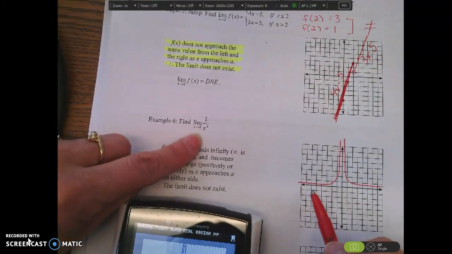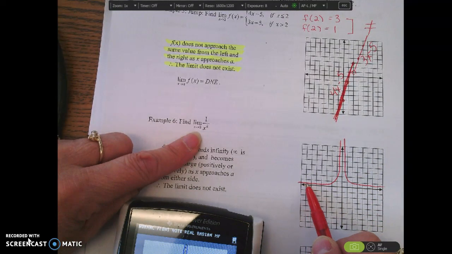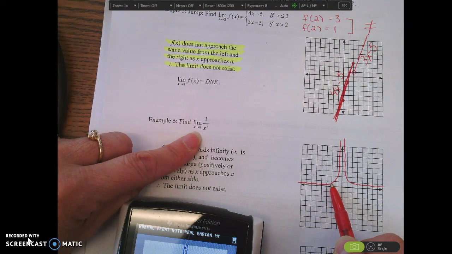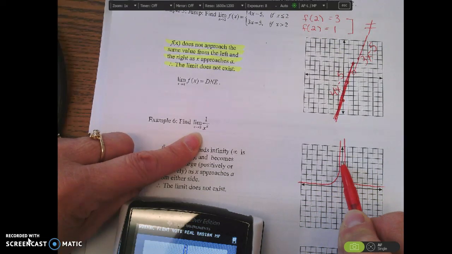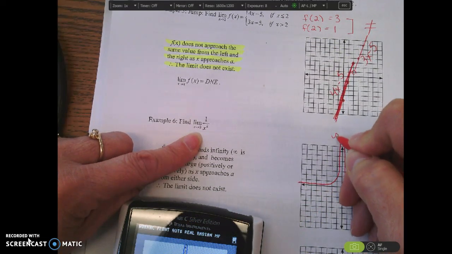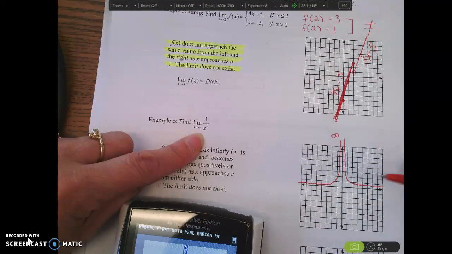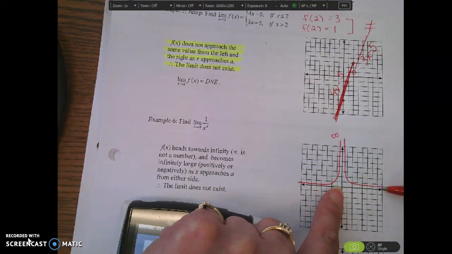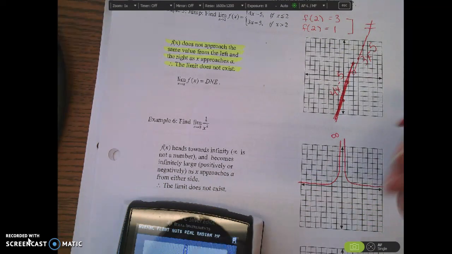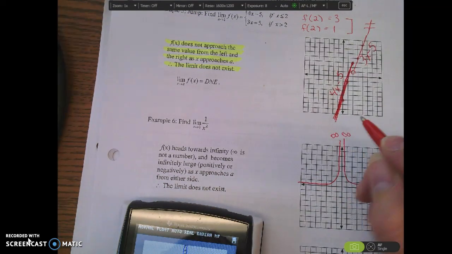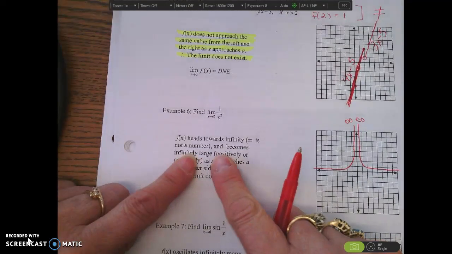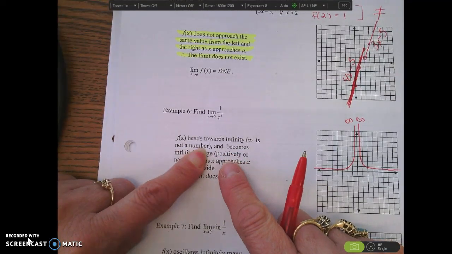So let's see what's happening. As x is approaching 0 from the left, this value looks like it's getting closer and closer to 0. However, the function value shoots up to infinity. As you are approaching your x value of 0 from the right, it also shoots up to infinity. Now, infinity is not a number.